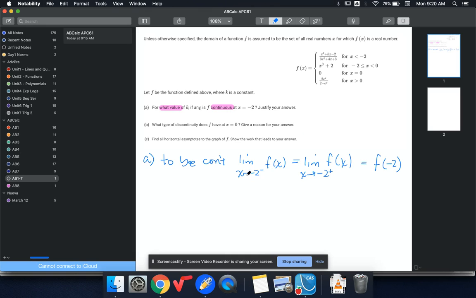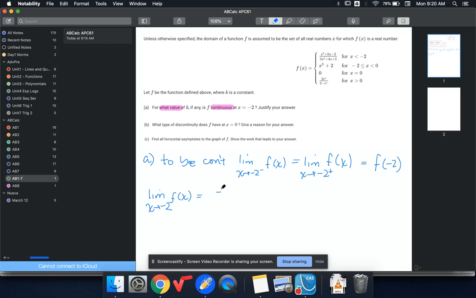So let's first look at these limits. So the limit as x goes to -2 from the left of f of x, so -2 from the left, that's going to be this set up here. So I'm going to evaluate that function.